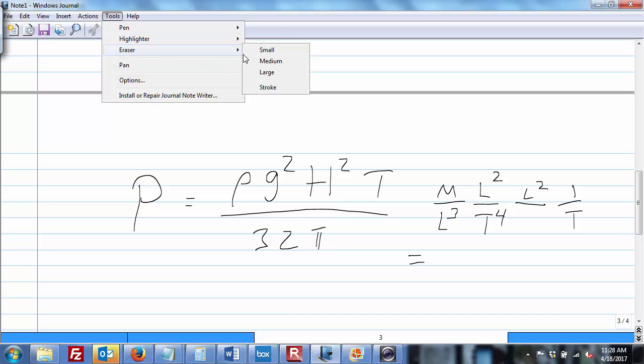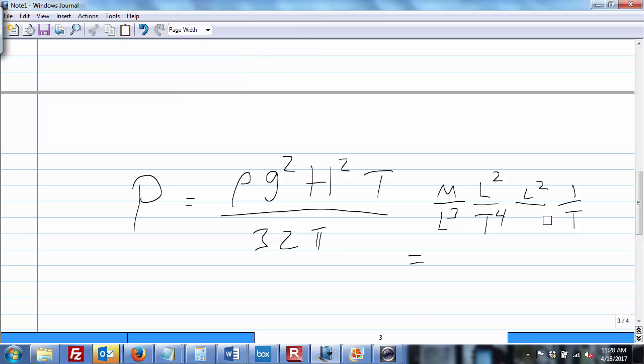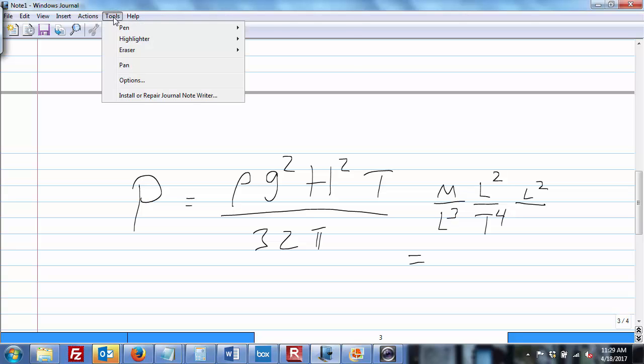So I think what we're going to need to do. Period should just be in seconds, shouldn't it just be time? I mean, it really should. Yeah, so instead of 1 over T, shouldn't it just be T?